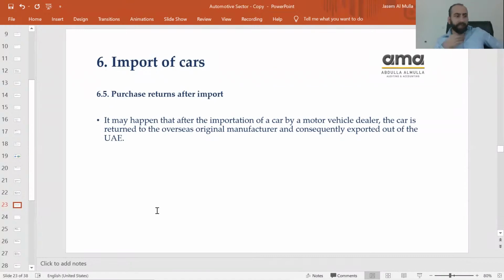At the time of importation of the car, the motor vehicle dealer would have accounted for import VAT and would have recovered the input tax in box 10 of the VAT return. Upon return of the car, the motor vehicle dealer should make a negative adjustment in box 7 and box 10 of the VAT return of the tax period in which the car is returned and exported out of the UAE.